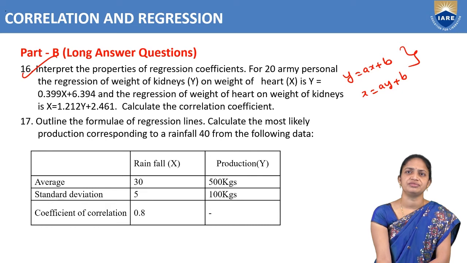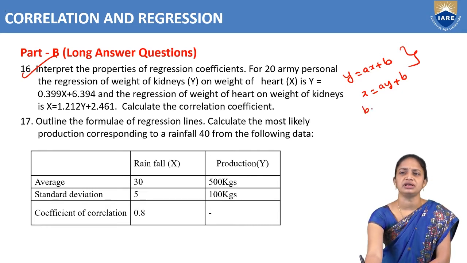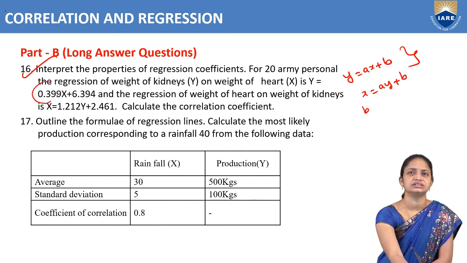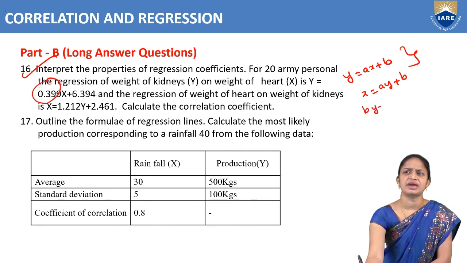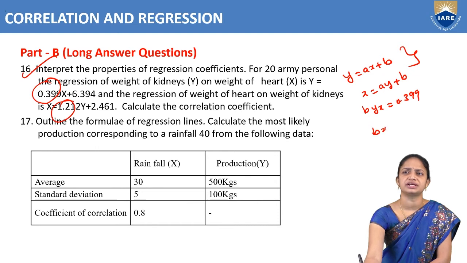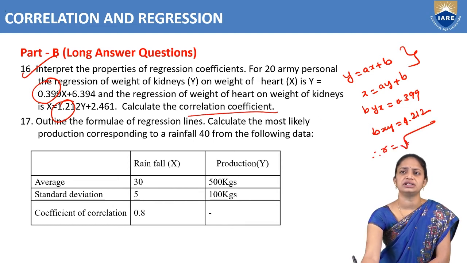Here also we need to calculate byx and bxy because they have given those. In y on x, byx equal to 0.399, and in x on y, bxy equal to 1.212. Therefore we need to calculate the correlation coefficient, which is the square root of byx into bxy.